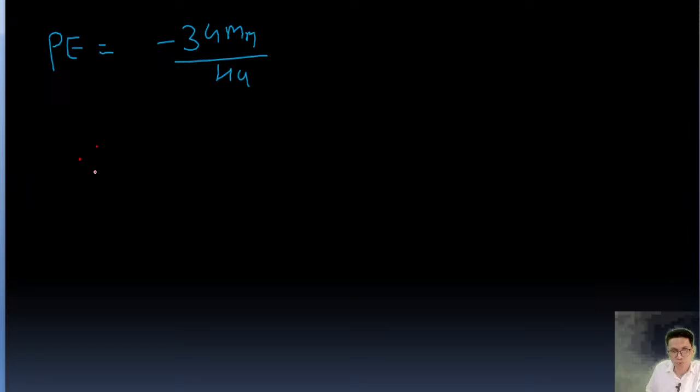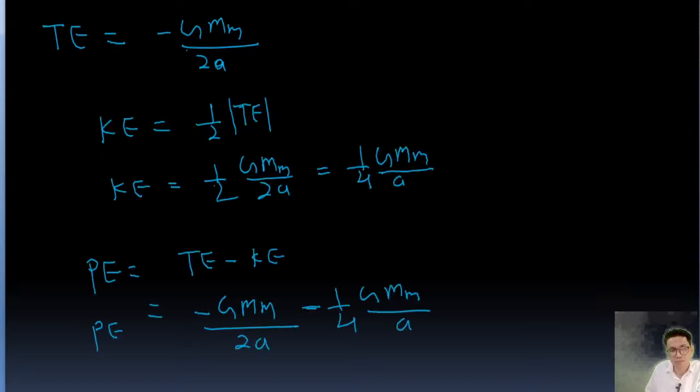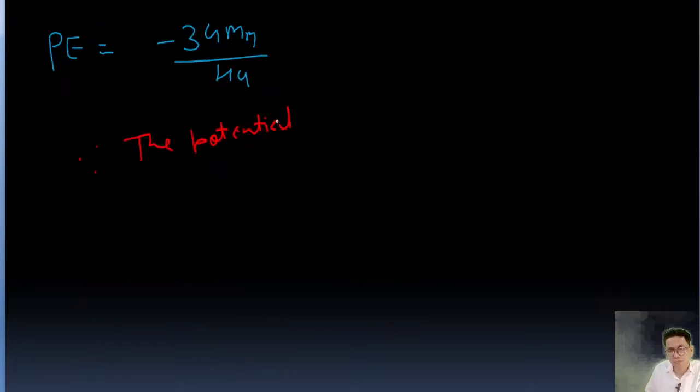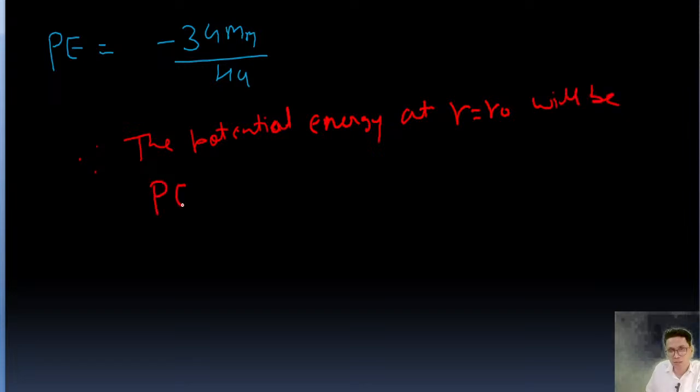The potential energy at radial distance r equal to r naught will be minus GMm upon r naught.